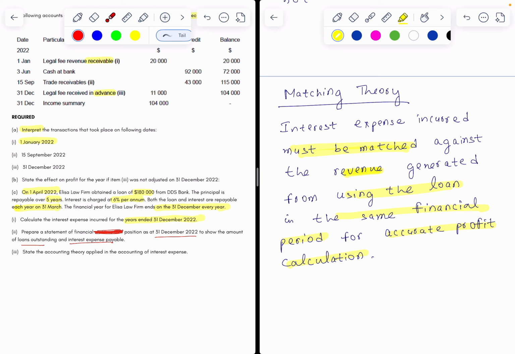So we want to match the interest expense that we will incur in a given financial year against the revenue that we will generate by using the loan in our business operations. So that way we can determine an accurate profit, okay? So you could talk about either of these 2 theories and definitely you'll get full marks, all right?